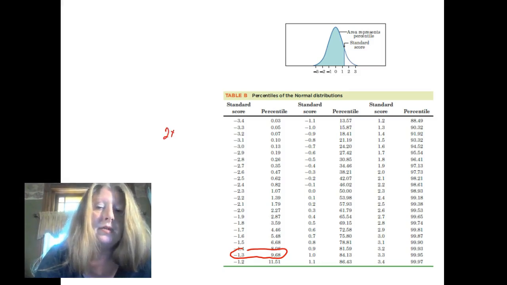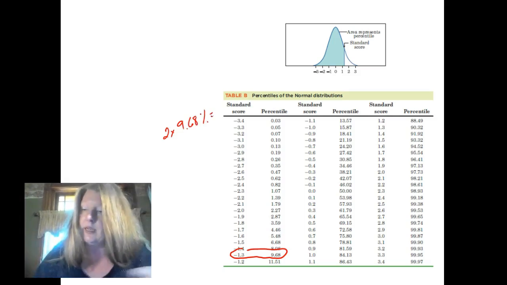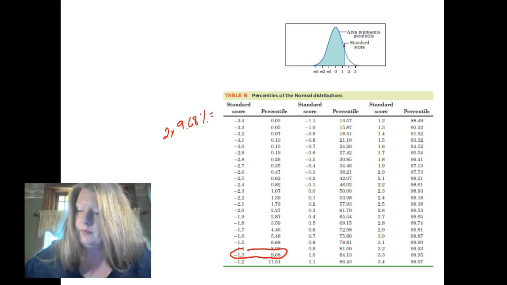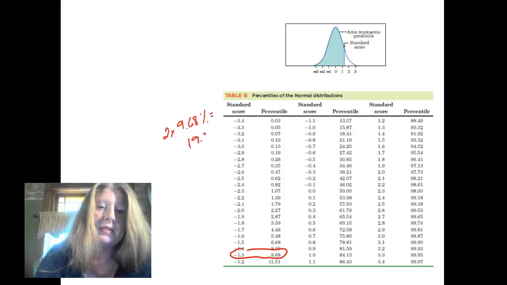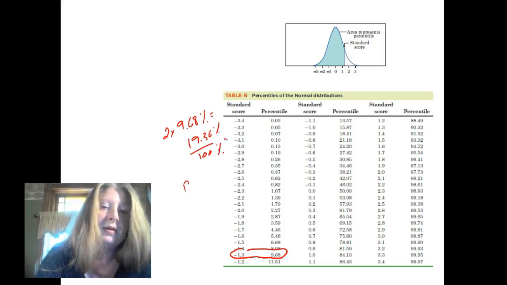So 2 times 9.68% is going to give us 19.36%, and we know we want to divide that by 100% to get a probability. So the p-value here is 0.1936.